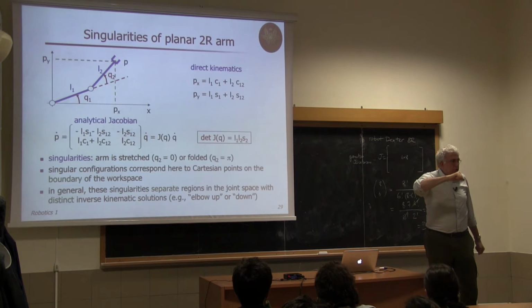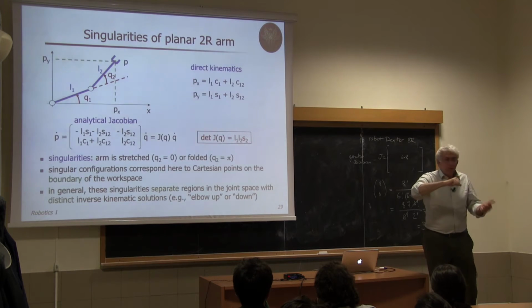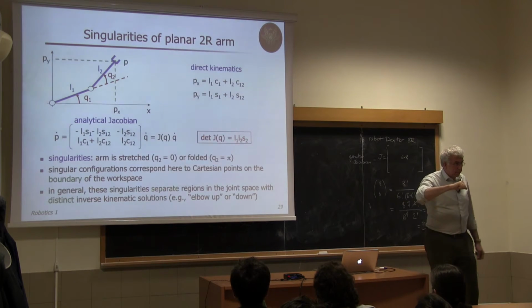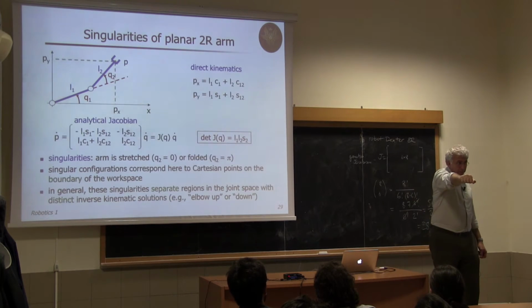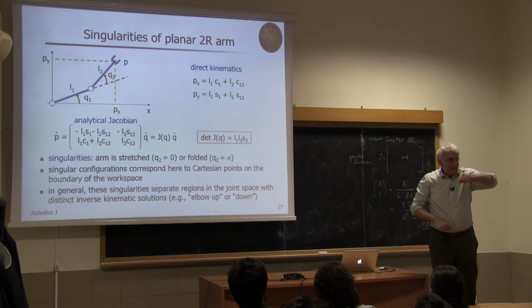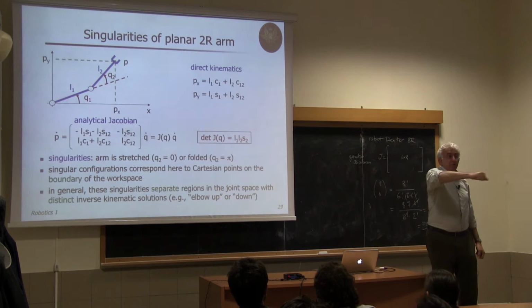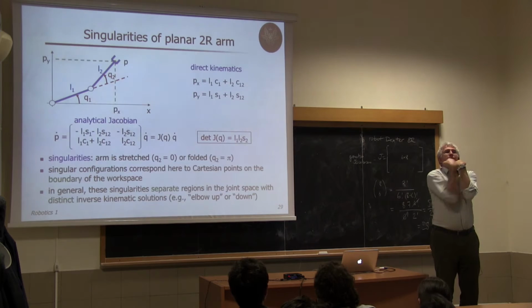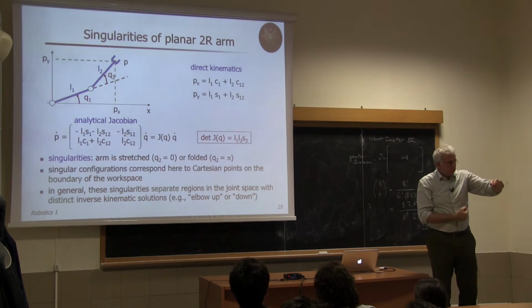Which configuration should I cross? The claim is that I will certainly cross one of these singularities. Why? Because, for instance, I can stretch the arm and then fold it back in the other configuration. Or I can fold the arm and then come out with the other.